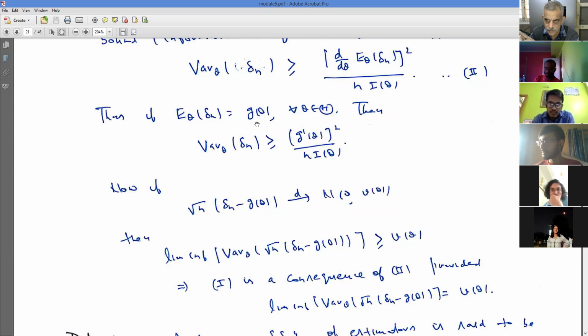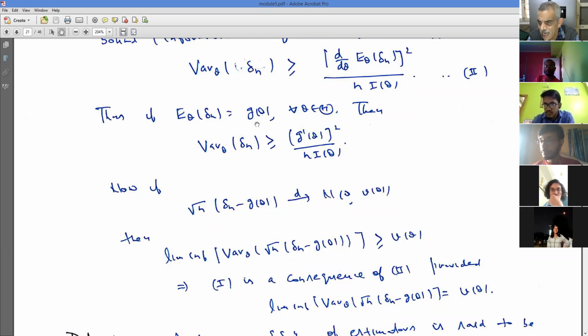So in the definition of asymptotic variance, tau square theta, is it the asymptotic variance of delta n or k_n into delta n? Try to understand, when I am doing asymptotic theory, for me two things matter. The first important thing is at what rate it is approaching the true value of the parameter.